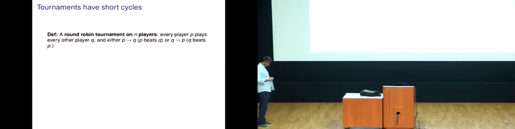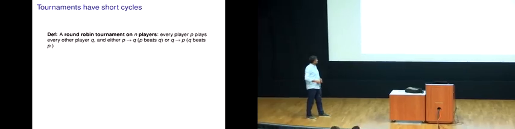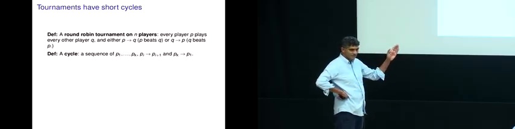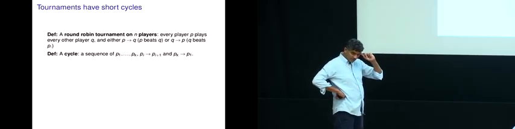Okay, so round robin tournament on n players. Every player plays every other player, and either P beats Q or Q beats P. No ties here. Now here's a cycle. A cycle is a sequence of people, P1 through PK, where P1 beats P2, beats P3, beats P4, up to PK, but PK beats P1.